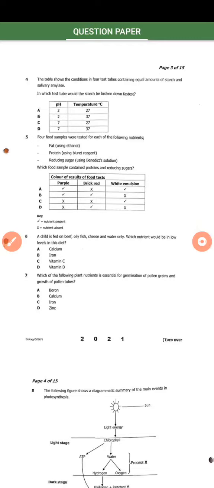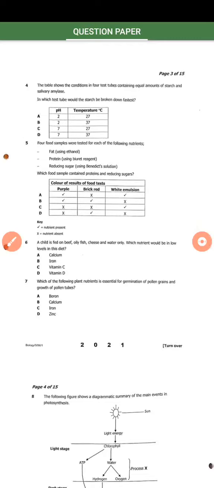You can see that there are no fruits or vegetables, so there is no source of vitamin C. So this child will lack vitamin C. And what condition will this child develop as a result? They are more likely to develop scurvy. Remember that scurvy is a disorder due to lack of vitamin C.